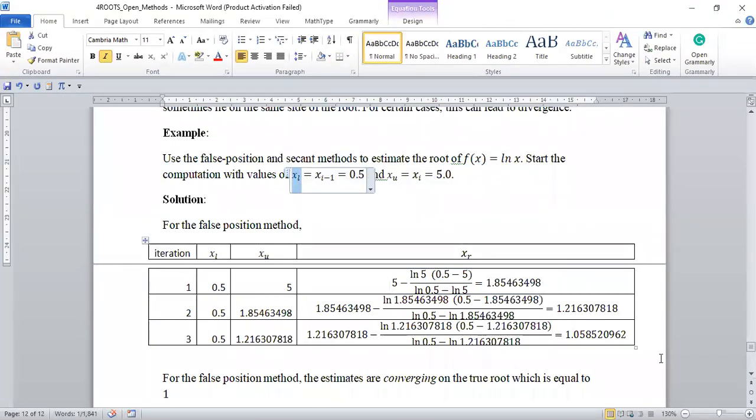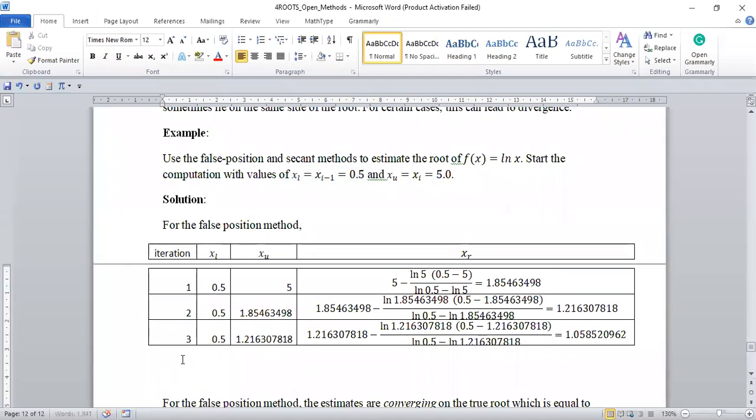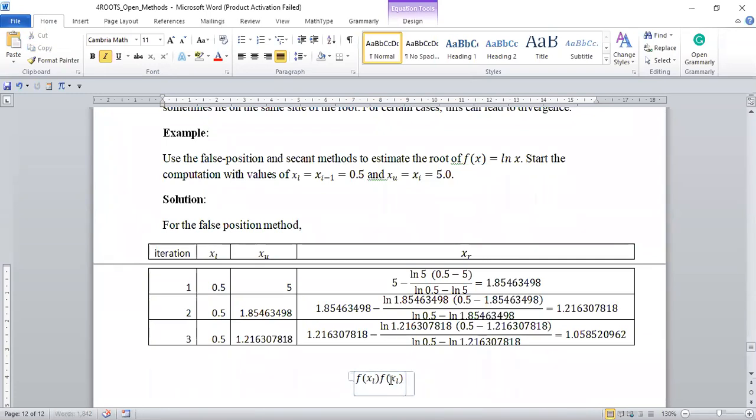Let me write it here. You're going to evaluate f of xl, then you evaluate f of xr. So this is the false position method.